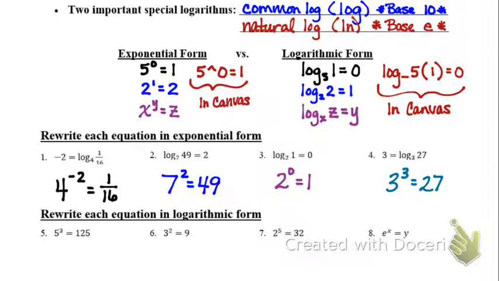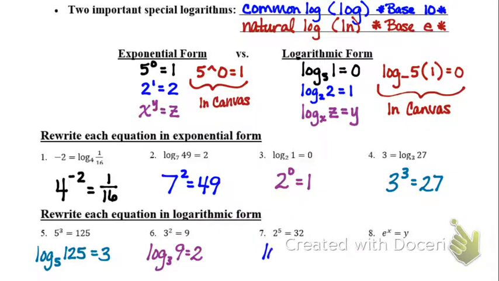What about number 5 if I want to write it in log form? Log base 5 of 125 equals 3. I heard log base 3 and then I didn't hear the rest. And then 9 equals 2. Number 7?